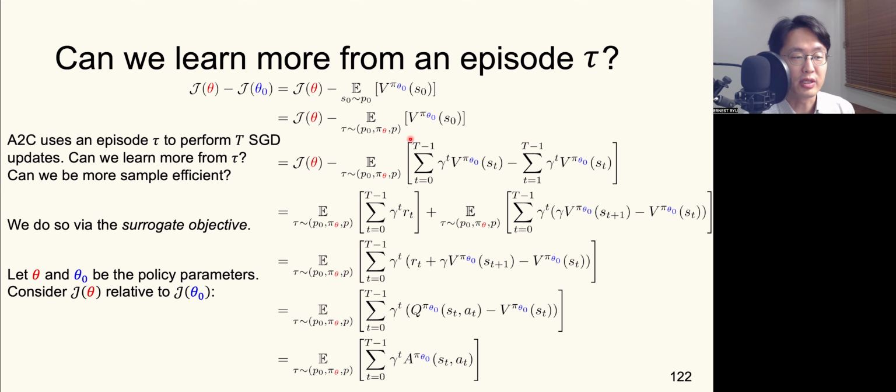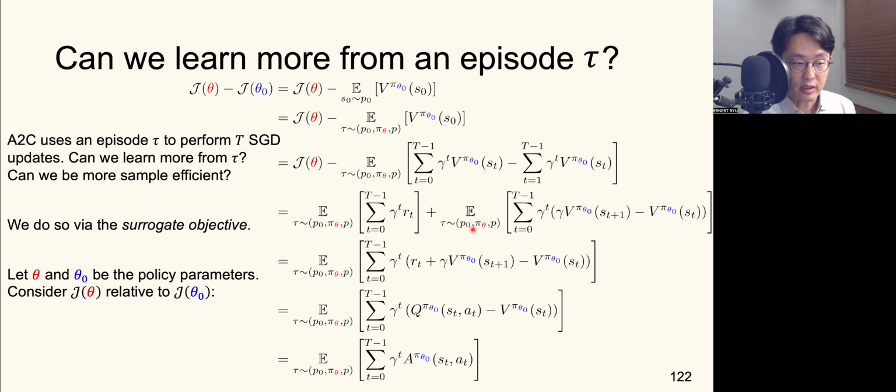But that doesn't matter because the only state being used here is just state 0, and the distribution of state 0 is independent of whatever policy we use. But within this expectation, where we have the subsequent states being used, state 1, state 2, state 3, and so on, that does depend on what policy pi we're using. And those states will be generated by policy pi theta rather than pi theta 0.